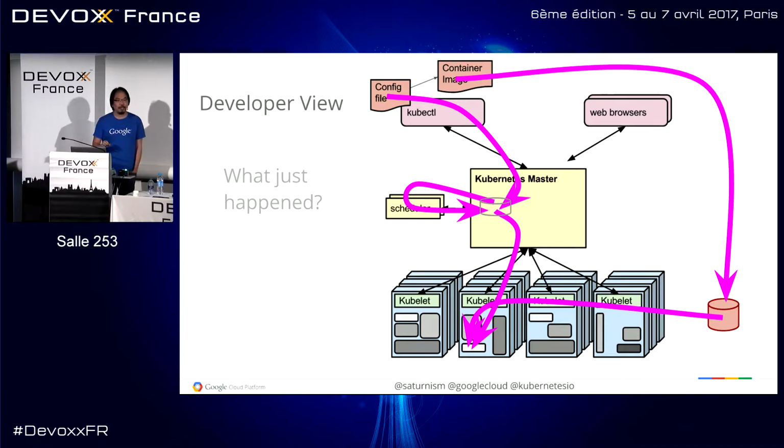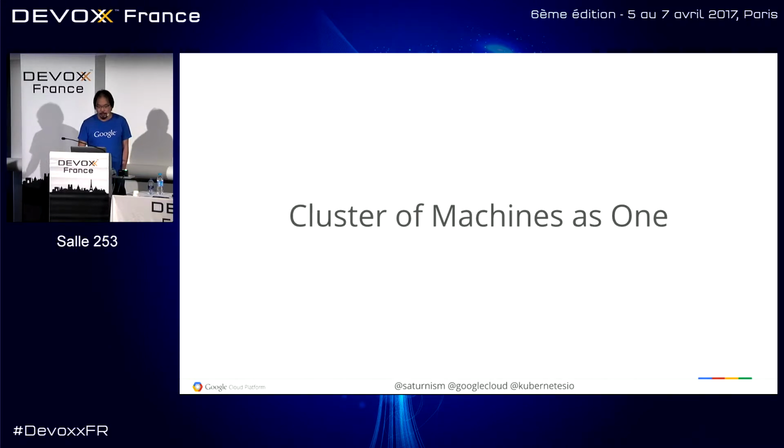The way you configure your application is exactly the same across multiple environments. Rather than looking at each of the machines individually as something that we have to manage and upkeep, we see the entire cluster of machines, the entire cluster of these resources that we have, as a single unit, right?